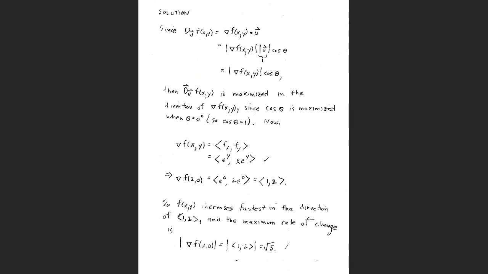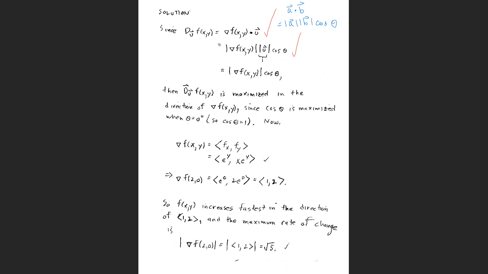The directional derivative is defined as a dot product. And we know how the dot product is defined, right? How many recall that the dot product of vectors A and B is equal to the magnitude of the vector A times the magnitude of the vector B times the cosine of the angle between those two vectors?